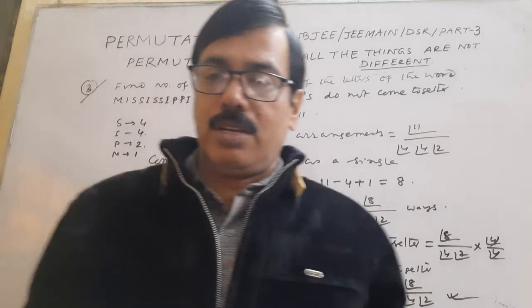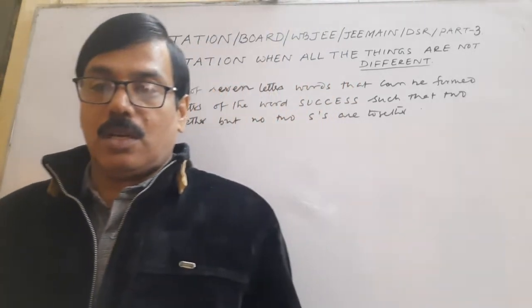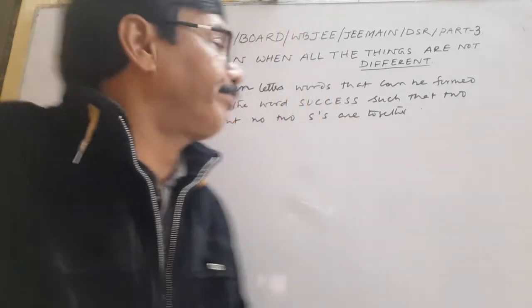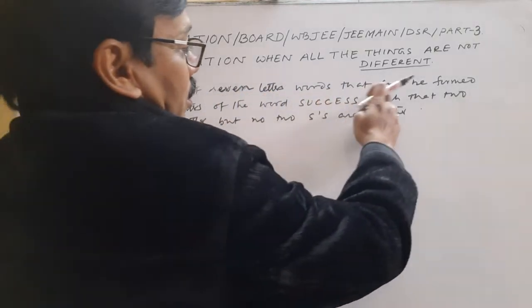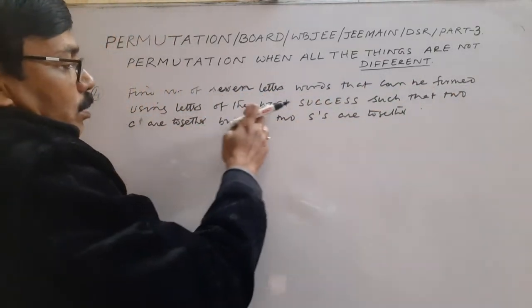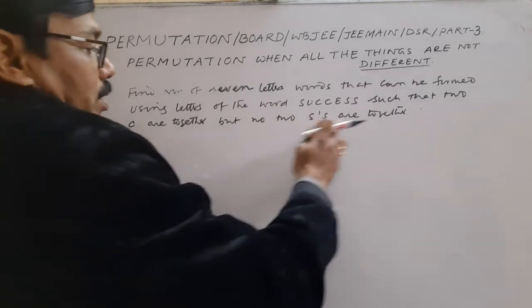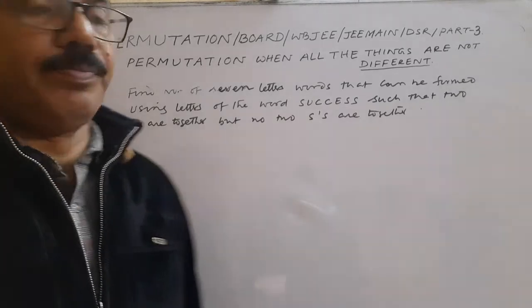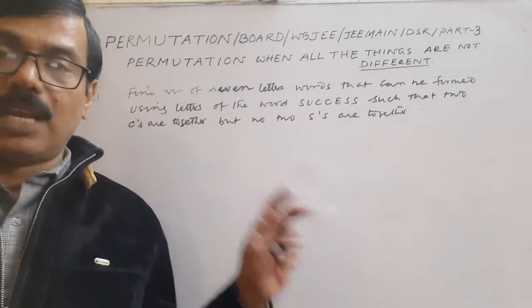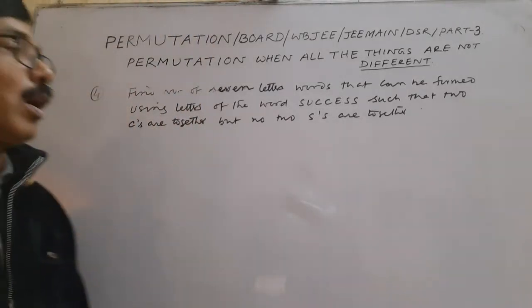Now we consider one more problem. Find the number of 7-letter words that can be formed using the letters of the word SUCCESS such that two C's are together, but two S's are not together. So this is slightly different from the earlier ones.